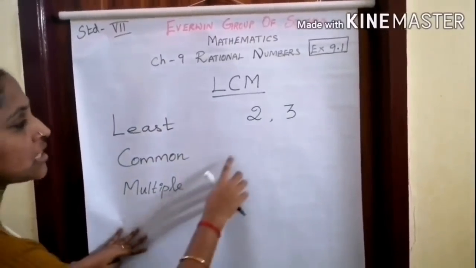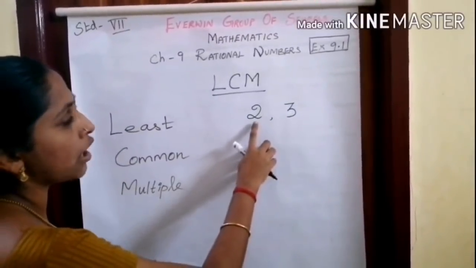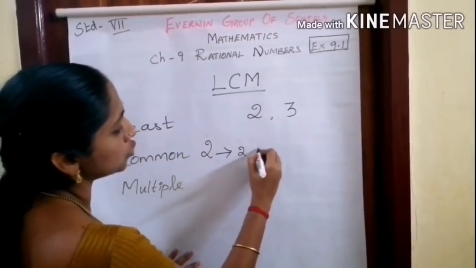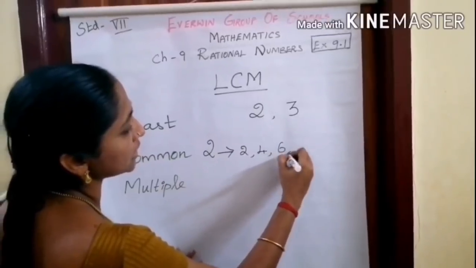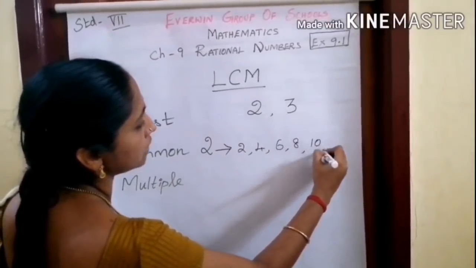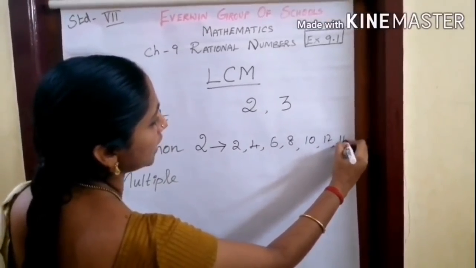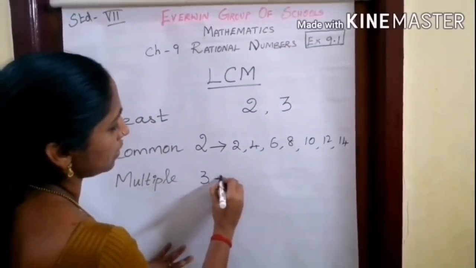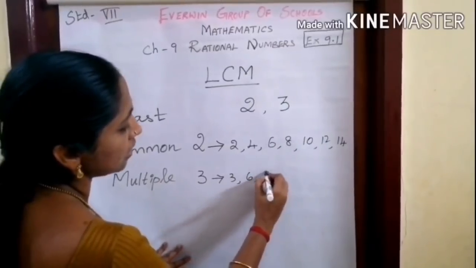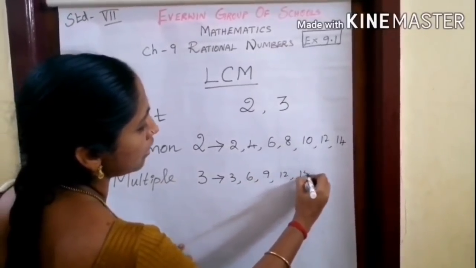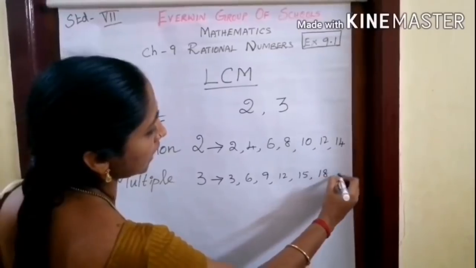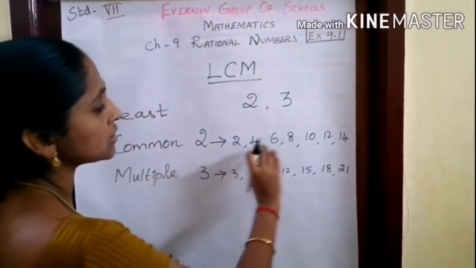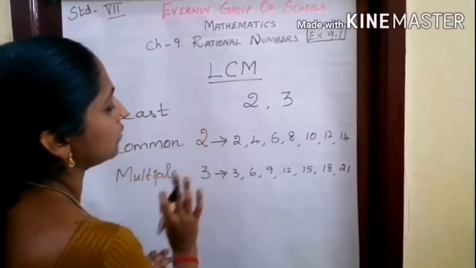So let us go in the reverse order. Multiple. So first I am going to write the multiples of 2 and 3. Multiples of 2: 2, 4, 6, 8, 10, 12, 14, etc. Next, multiples of 3: 3, 6, 9, 12, 15, 18, 21, etc. I have written the first 7 multiples of 2 and 3.